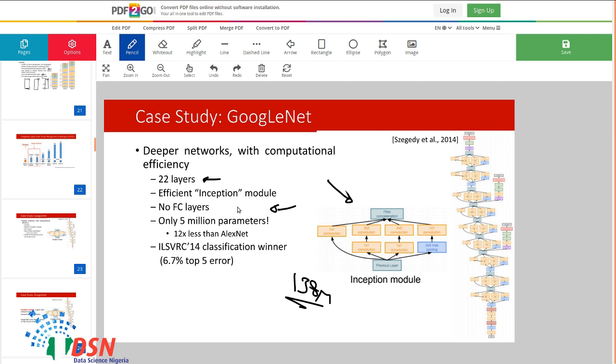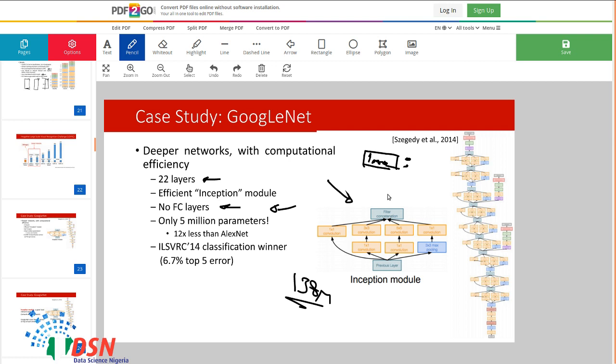And that is because, in fact, it doesn't have fully connected layers except for classification. So in the last layer, we need a 1000 fully connected layer because we have 1000 output classes.